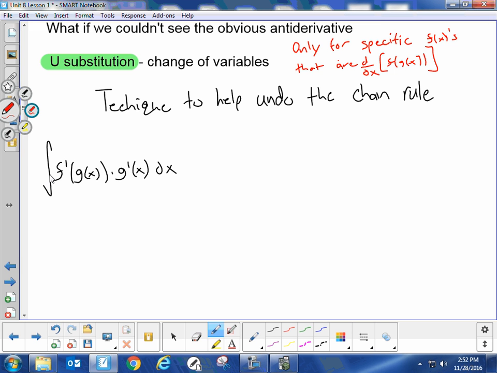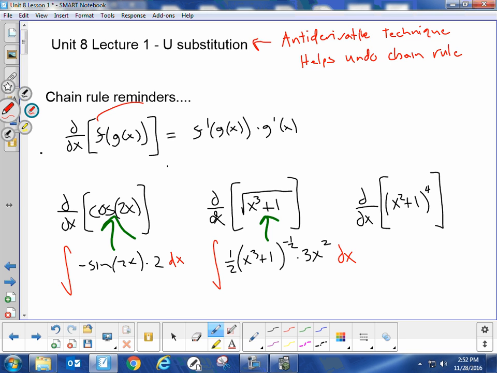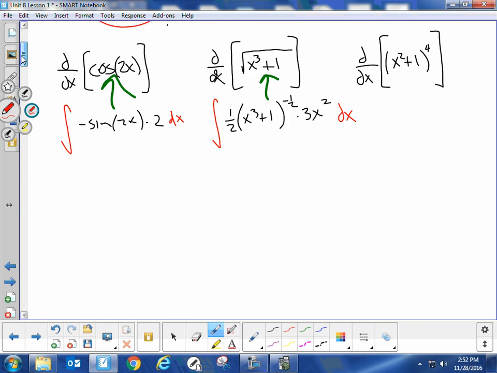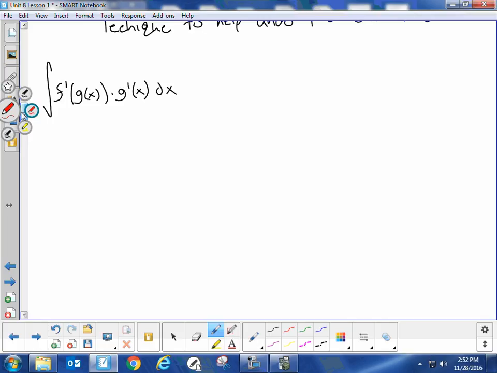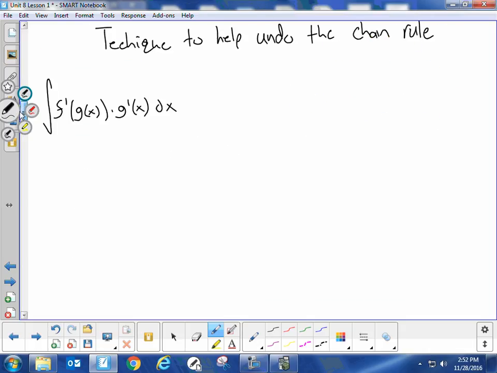This is the derivative from the chain rule. I know that my answer in the end is going to be f of g of x. So if I'm trying to take the antiderivative of this, I'm going to end up with f of g of x plus c. But maybe we don't see that. Maybe it's not obvious. Here's our technique. We're going to start with a step 0, which we'll leave blank and come back to later.